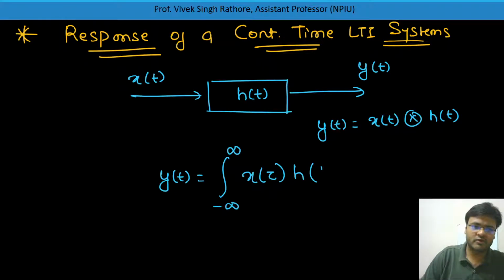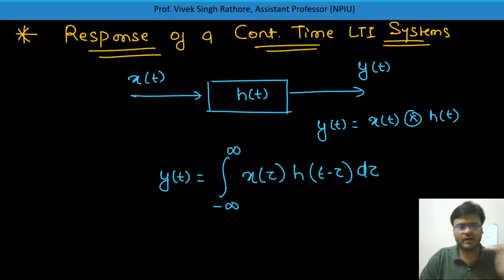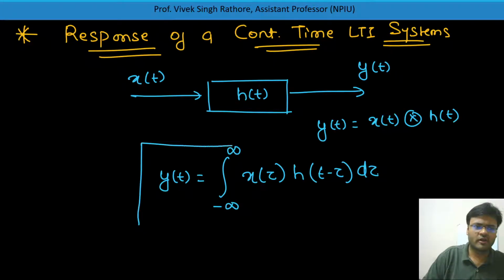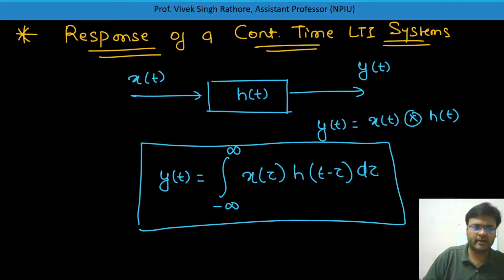Then we integrate with respect to d tau only, because the domain is in tau. We multiply and integrate so that we get the response in the time domain, that is y(t). This is the mathematical expression for the response of a continuous time LTI system.